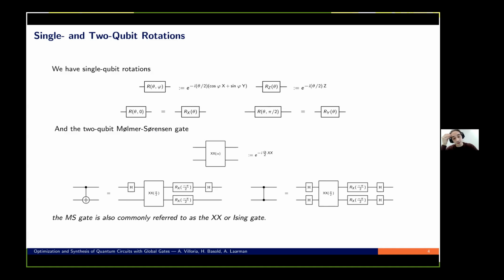With this two-qubit gate, we're going to be building these global gates, which are a series of these two-qubit gates. The definition of the GMS gate, the Global Mølmer-Sørensen gate that we're going to be looking at, can be a bit convoluted, but the best way to look at it is in a picture.